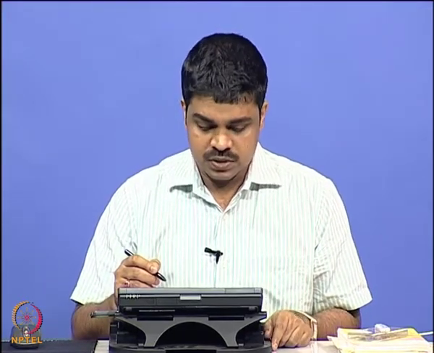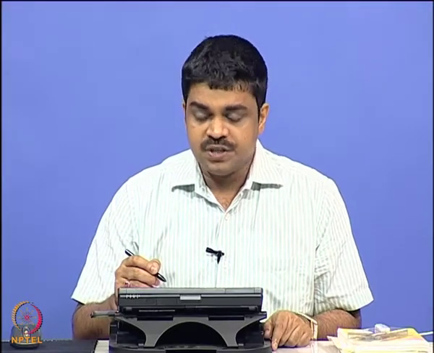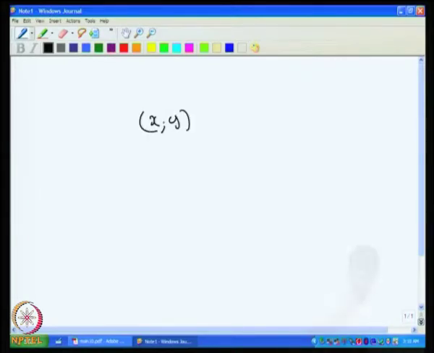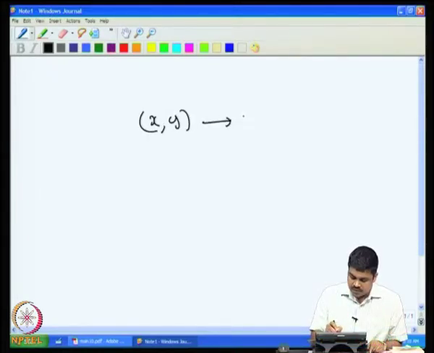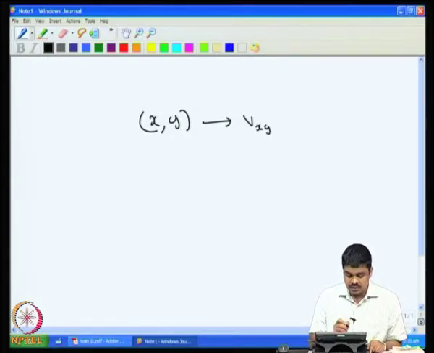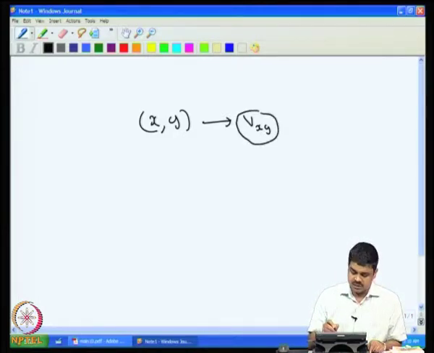So the idea was to observe that if xy is an edge and it is contracted, we get this vertex vxy. If it so happens that the resulting graph is not 3 connected, that means there exists a separator of cardinality 2 in it, and that separator should definitely contain vxy. We have already explained why this should be true in the last class, and there should be one more vertex in it.